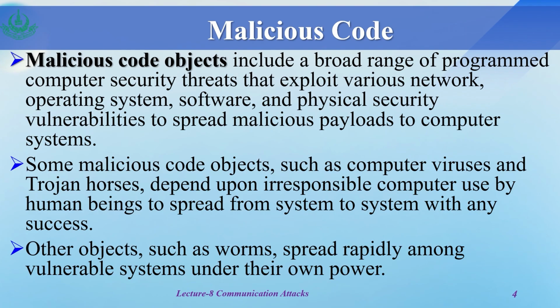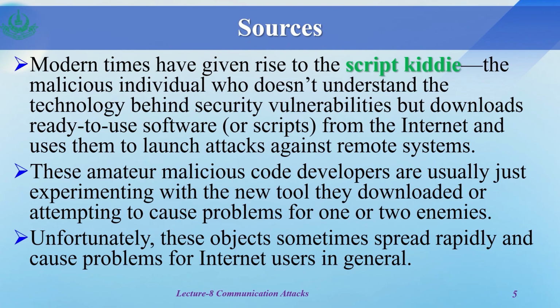Some malicious code objects, such as computer viruses and Trojan horses, depend upon irresponsible computer users and human beings to spread from system to system with any success. Other objects, such as worms, spread rapidly among vulnerable systems under their own power.